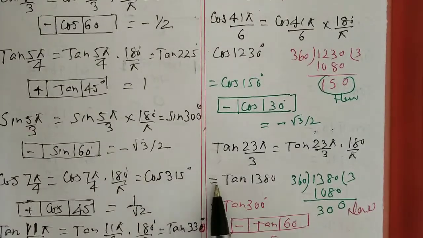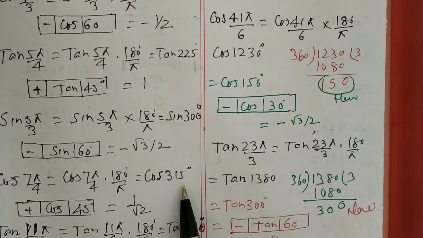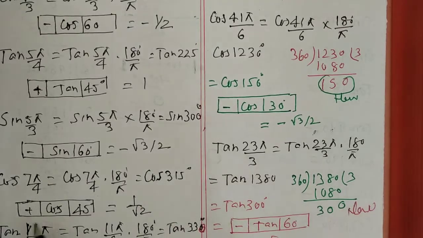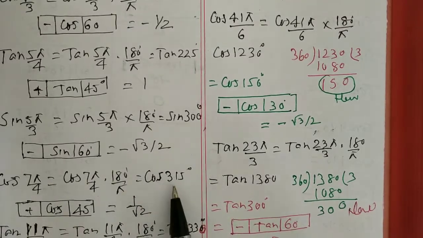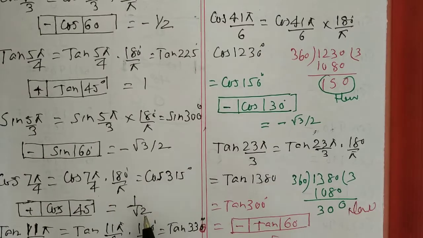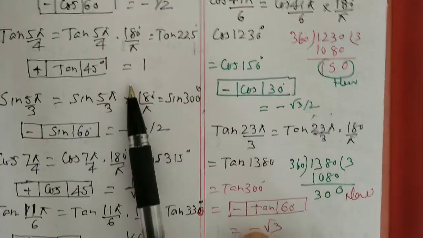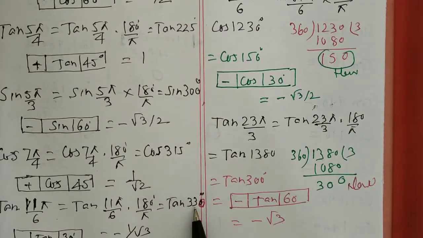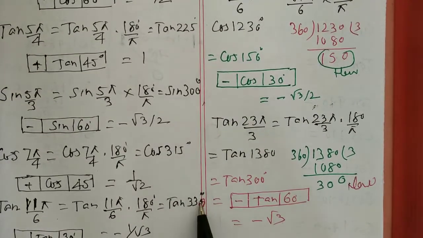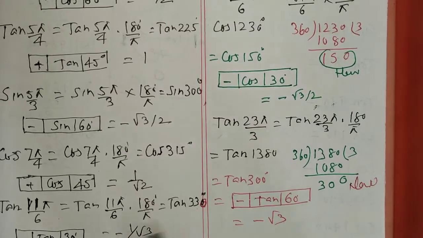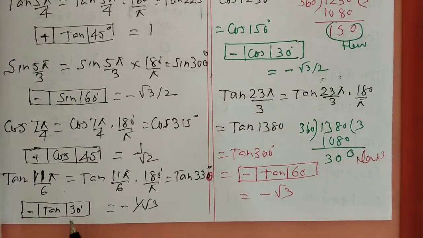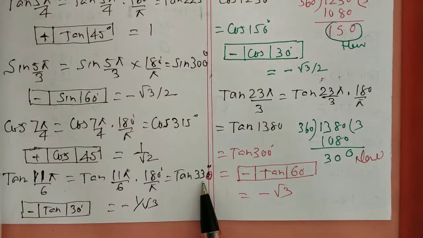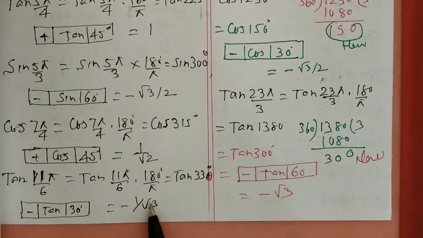Now this is 315. 315 lies in the fourth quadrant where cos is positive. Cos remains cos. Deviate from 360, it becomes 1 by root 2. Now tan 11 pi by 6, this is 330. 330 lies in the fourth quadrant where tan is negative, so minus tan. When deviated from 360, it becomes 30, so minus 1 by root 3.